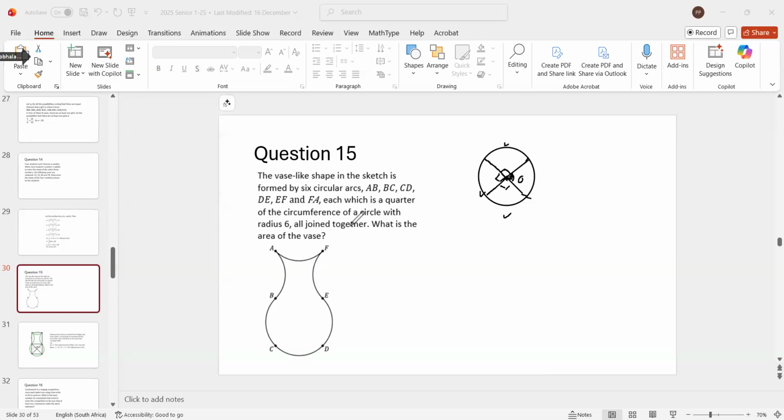All right. Now I just want to see here. Which is a quarter of the circumference of the circle of radius 6. So the radius of the circle is 6. So there is 6 there. Okay? And they all join together. The question is, what is the area of the vase?